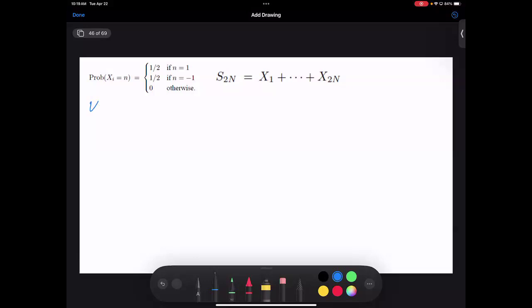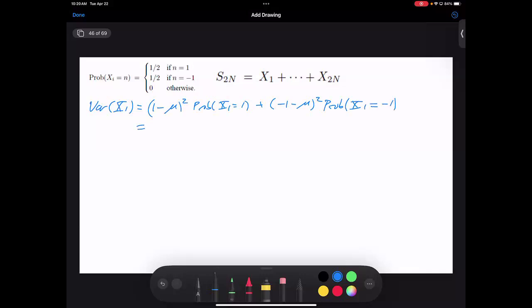What do we expect the variance of, say, x1 to be? Well, this is (1 minus the mean) squared times the probability that x1 equals 1, plus (-1 minus the mean) squared times the probability x1 equals -1.